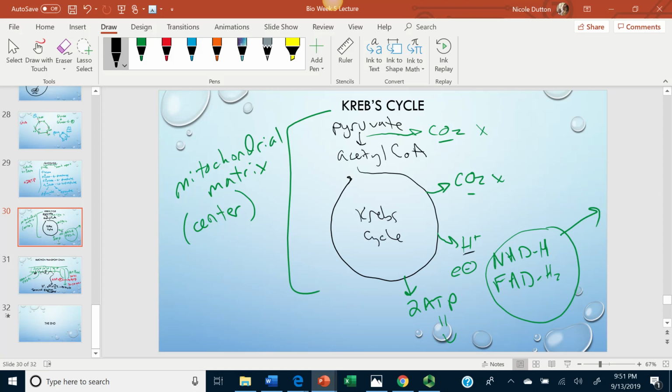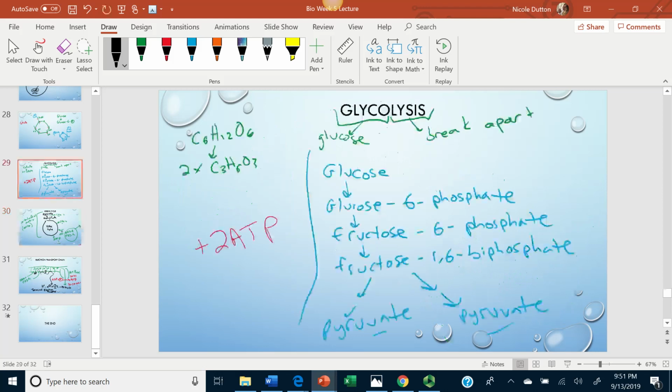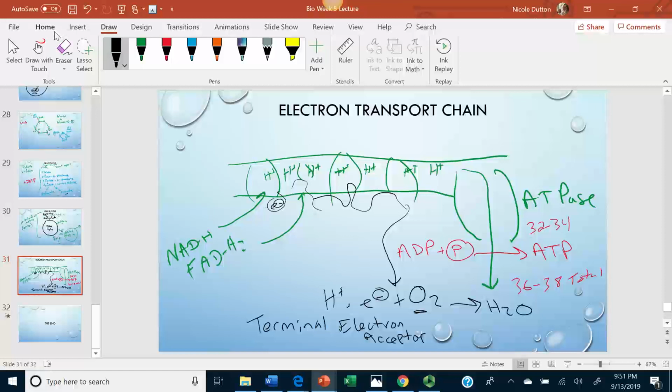So now we're denaturing proteins here and shutting down this system. So all of these enzymes that perform these 8 separate reactions are going to shut down. And this goes all the way back to the glycolysis part where pyruvate is. So instead of pyruvate being able to go into the Krebs cycle, we actually switch into this separate process known as fermentation.